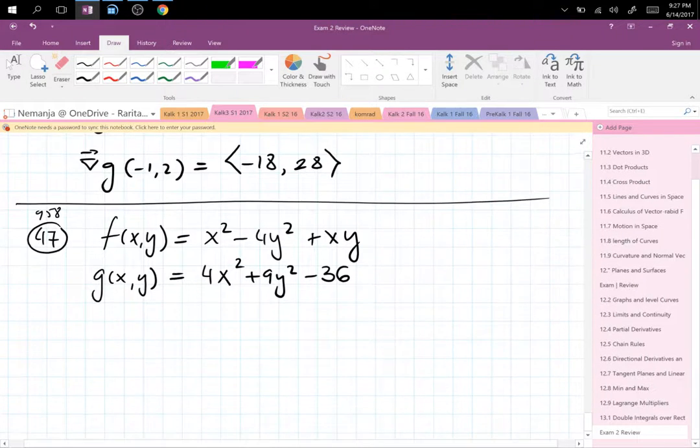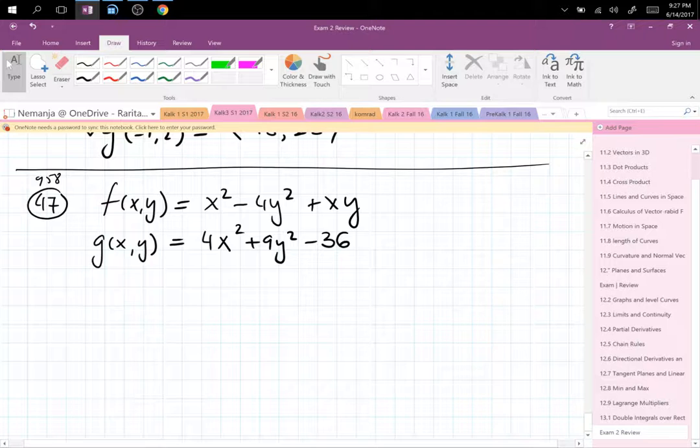I'm working on a Lagrange part, which is taking care of the boundary. But then there's also the inside of the problem, which needs to be taken care of by the previous section, 12.8, minima and maxima. So the problem is posed as 4x squared plus 9y squared is less than or equal to 36.